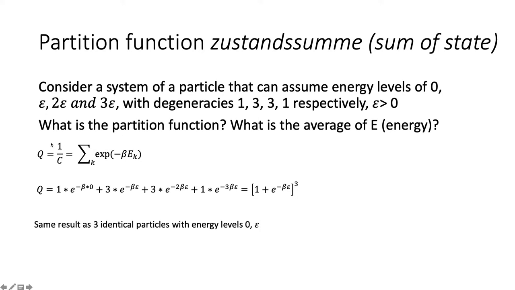Well, we just use this form. We know that the partition function is the sum of the exponential of negative beta E. So if we write the sum, there's one case, so 1 times e to the power of negative beta times the energy, which is 0, so this term becomes 1.